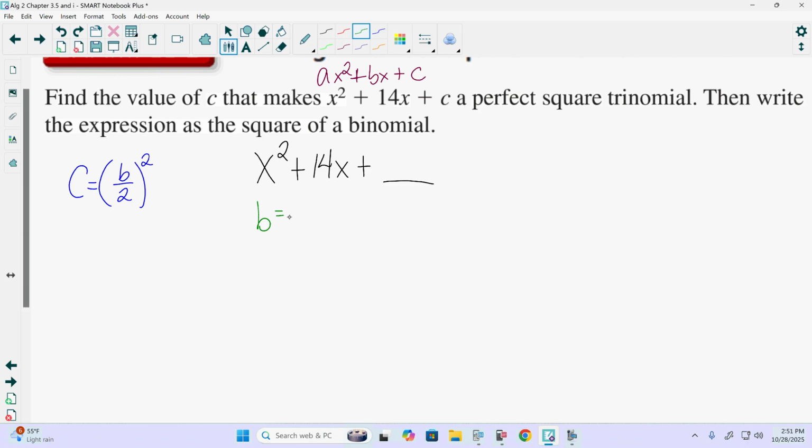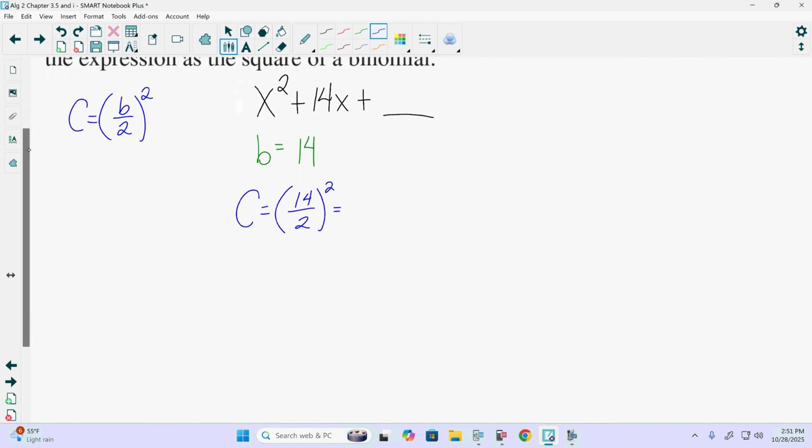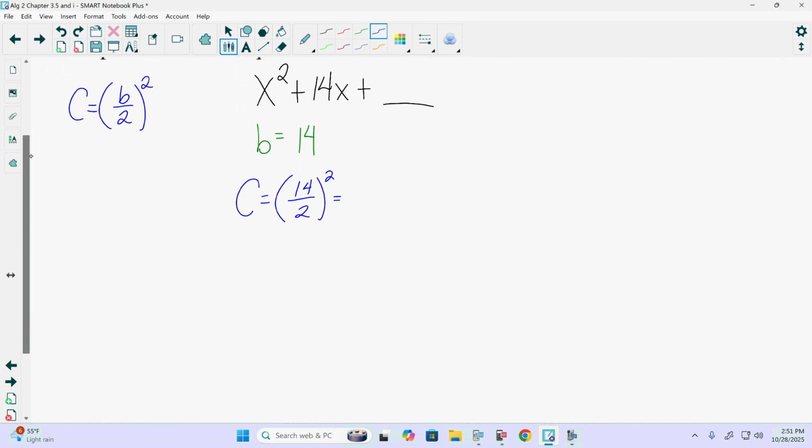Now, the one real value we need to plug in is b. And what's our value of b for this here? 14. More specifically, positive 14. So the value of c here is going to be positive 14 over 2, squared, our b over 2 squared. So the first thing we want to do is divide by 2.